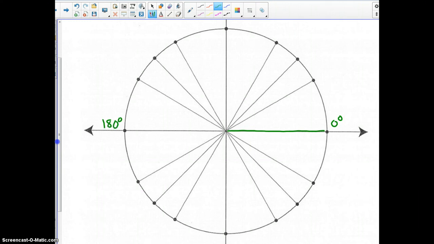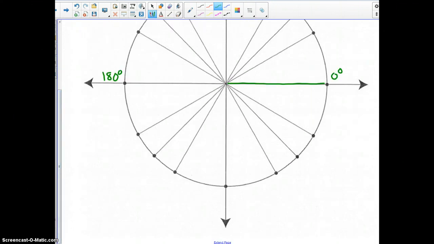Each one of these things I write on now, you should have these labels. Halfway in between here, obviously this dot is going to be 90 degrees. Down towards the bottom here, this will be 270 degrees. As we go 90, there's 180, we move another 90 degrees, and to come all the way around, 0 again could be 0 or 360 degrees.